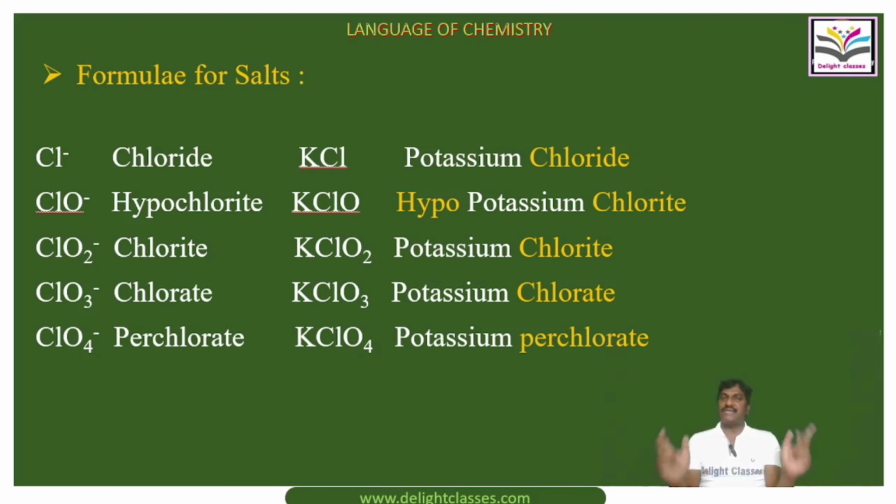Now we are going to see some salts and how to write their formulae. Chloride, if it is with potassium, potassium chloride. Hypochlorite, potassium hypochlorite. Chlorite, potassium chlorite. Chlorate, potassium chlorate. Perchlorate, potassium perchlorate.